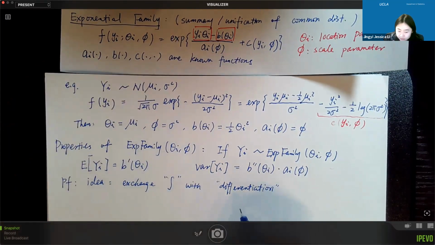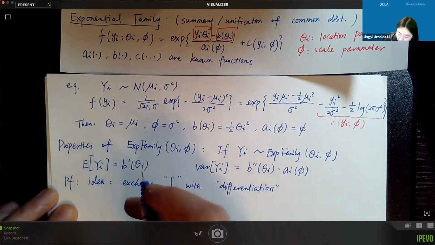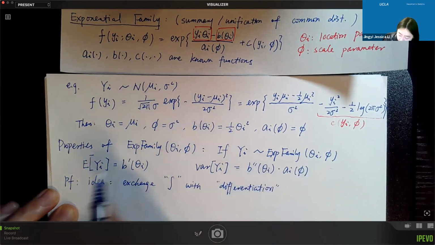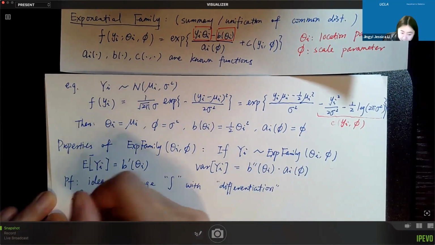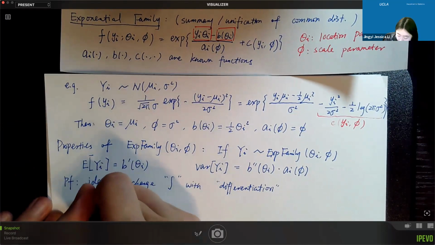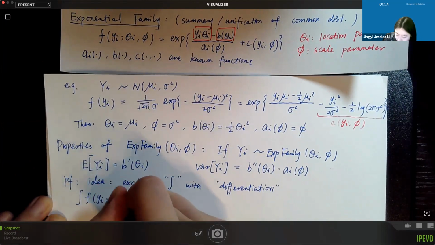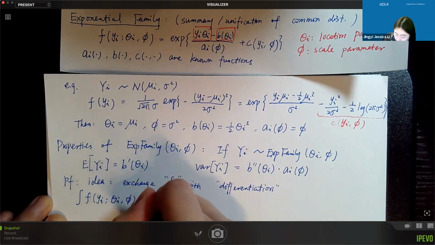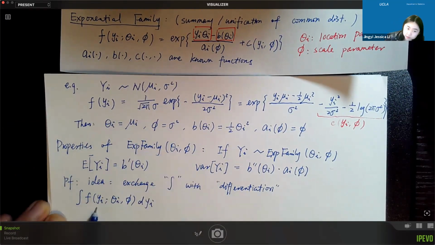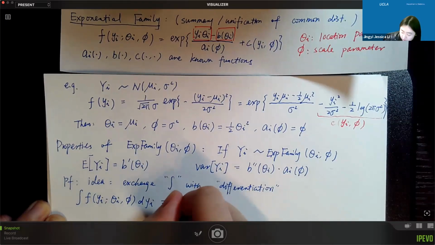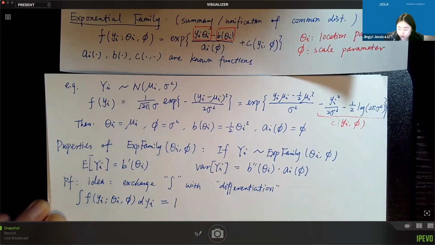So the first thing to know is that, given the density function, the integration of f(yi given theta i and phi) dyi, this is a density function of yi. We know this integral is equal to 1. That's just a fact for a probability density function.